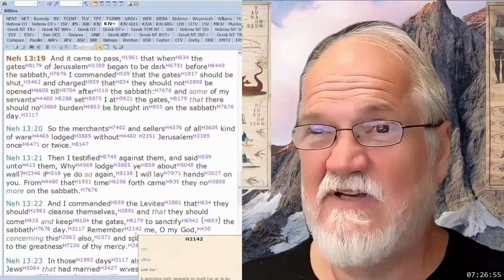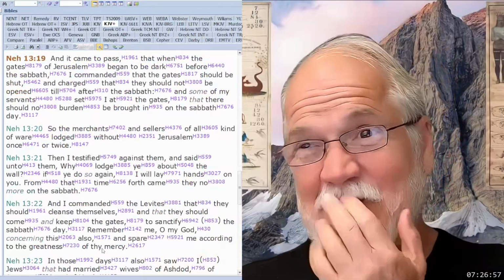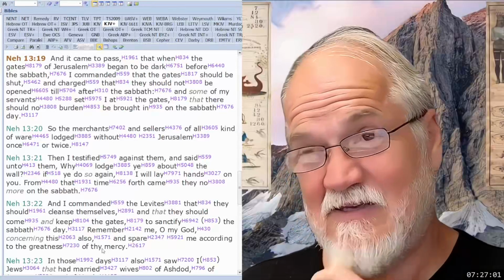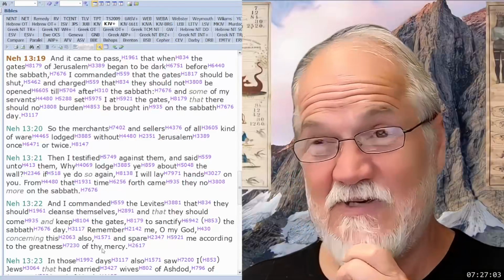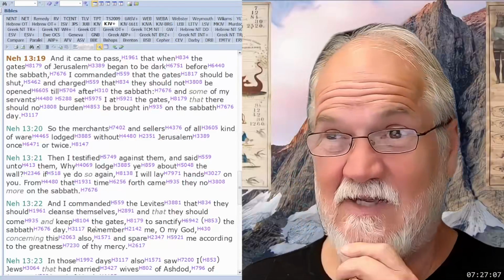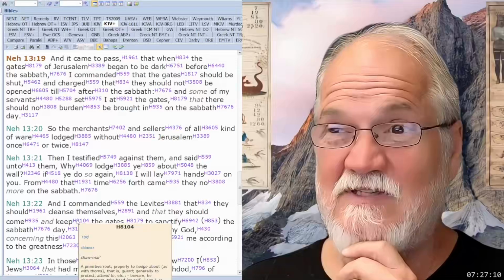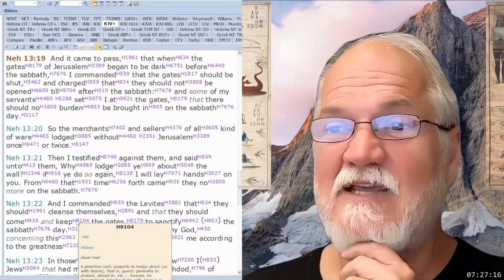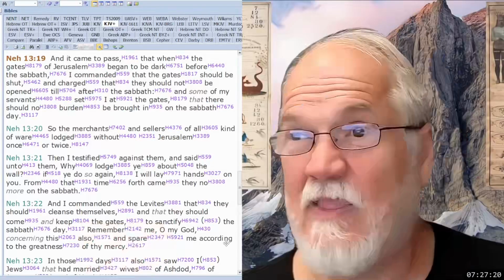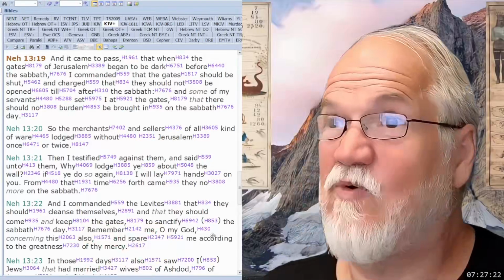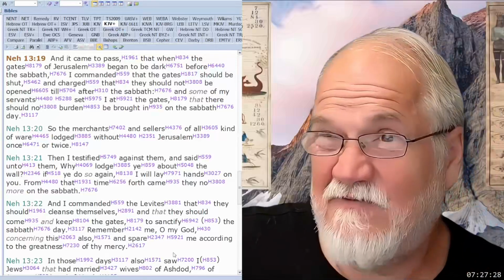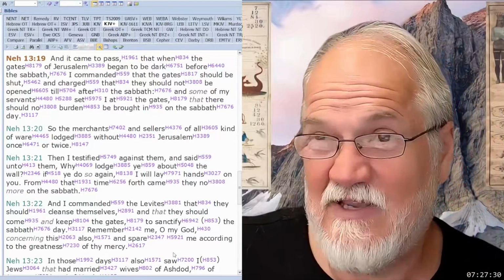And I commanded the Levites that they should cleanse themselves and that they should come to keep the gates, to sanctify the Sabbath day. So we have the Levites who need to keep the gates. The word keep means to hedge about, to guard, protect, attend, to be circumspect. And it is the same word for gates, of course. And they need to sanctify the Sabbath day.